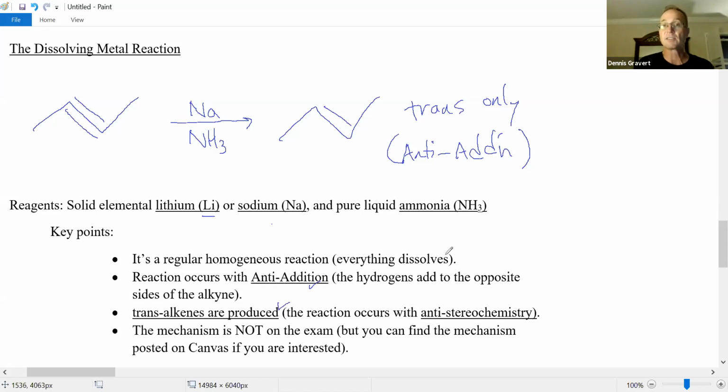In this one, everything does dissolve, hence the name, dissolving metal reaction. I am not requiring the mechanism on my exams, but it's still a cool one. So I will post the mechanism on Canvas just in case you're curious, but it's not going to be on the exam. Nice. Okay, so now we have ways of taking the triple bond and going directly to an alkane.